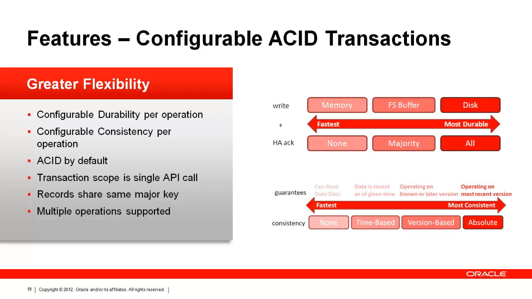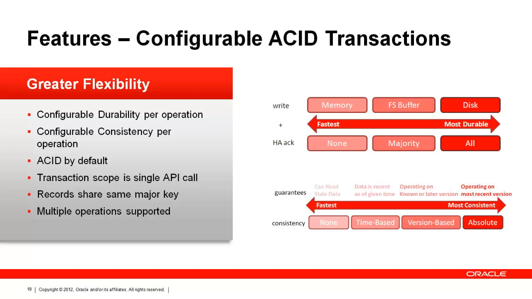Or you could say, I'd like to at least have the majority of those replicas say that they've gotten that operation as well. And then finally, if you really want it, you can say, no, I want everyone to acknowledge that I got it. So I want it written into the disk of the master, I want it written into the disk of all of these replicas as well, and I want them to respond to me before I let that operation return to the application space.